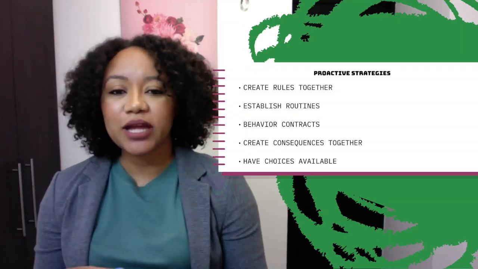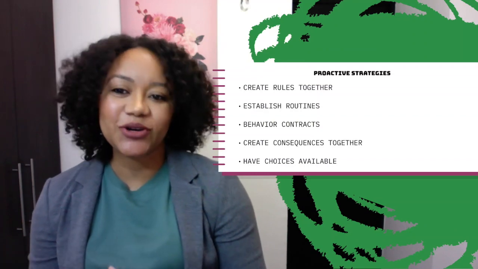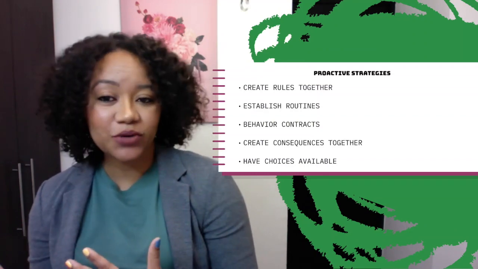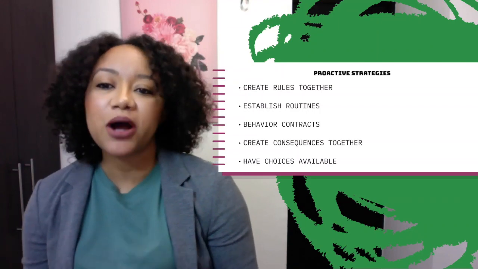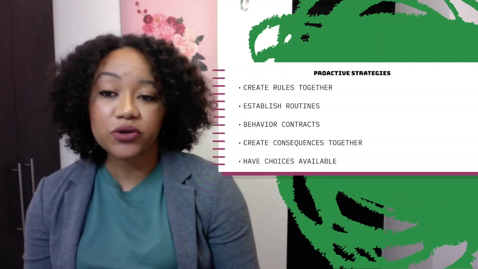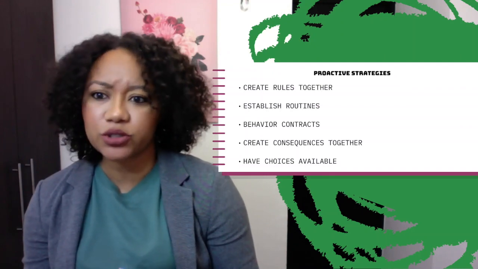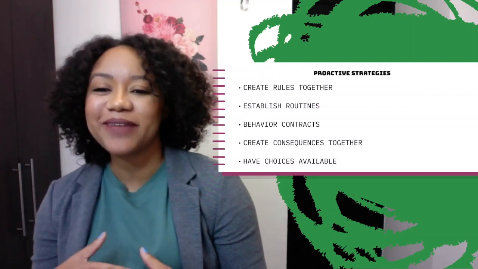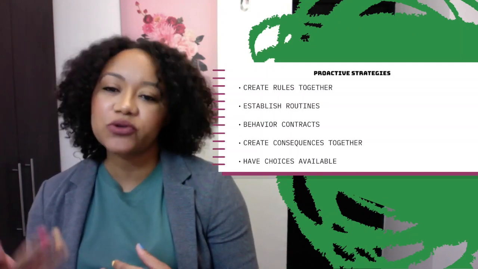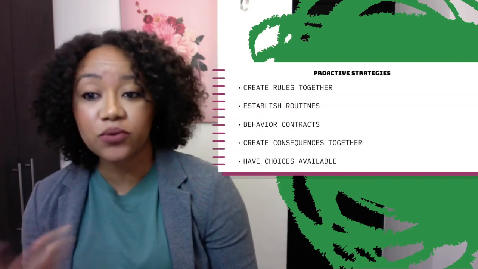So we also created the consequences together. So by creating rules and consequences together with students or with your own children, they feel like they were part of the process. So for those who want to feel like they have power or control, they're getting that need met by helping you create classroom rules, house rules, and the consequences that go with those rules.